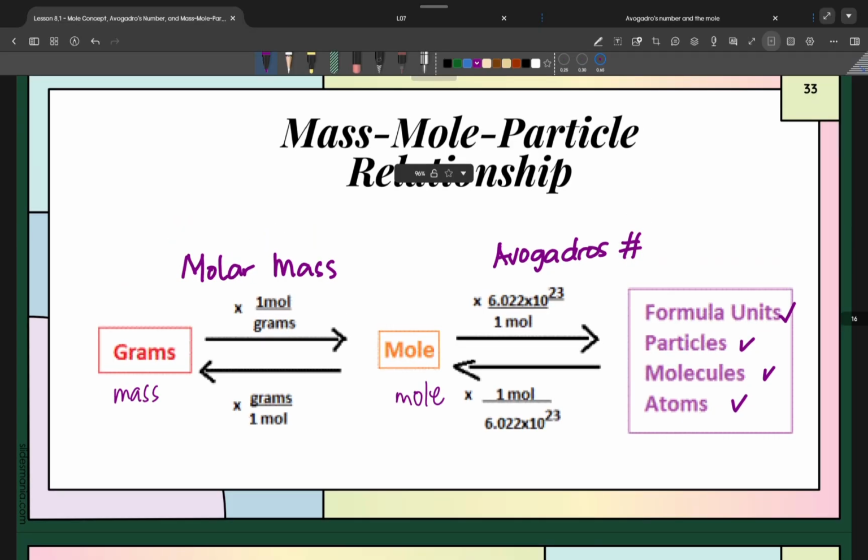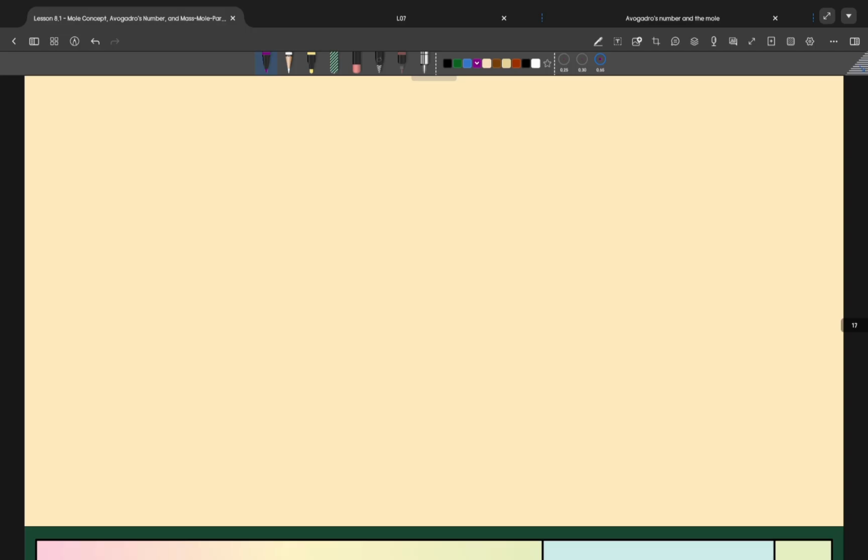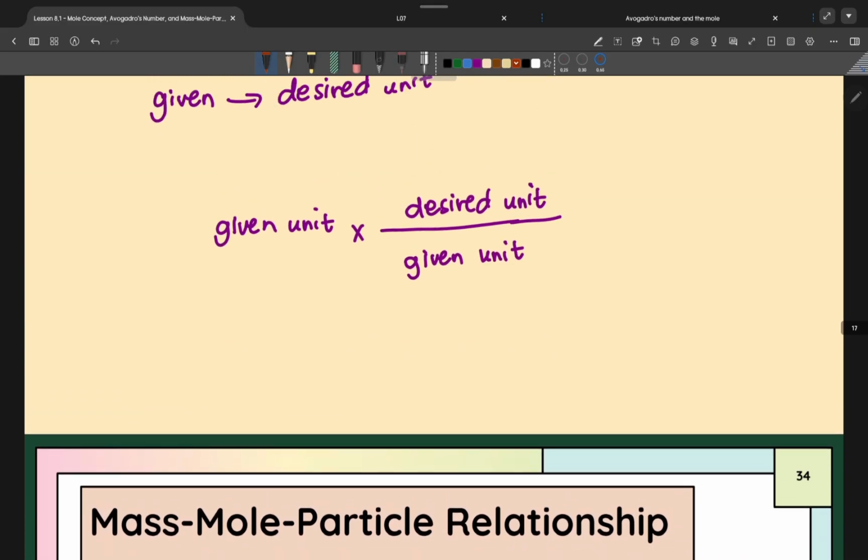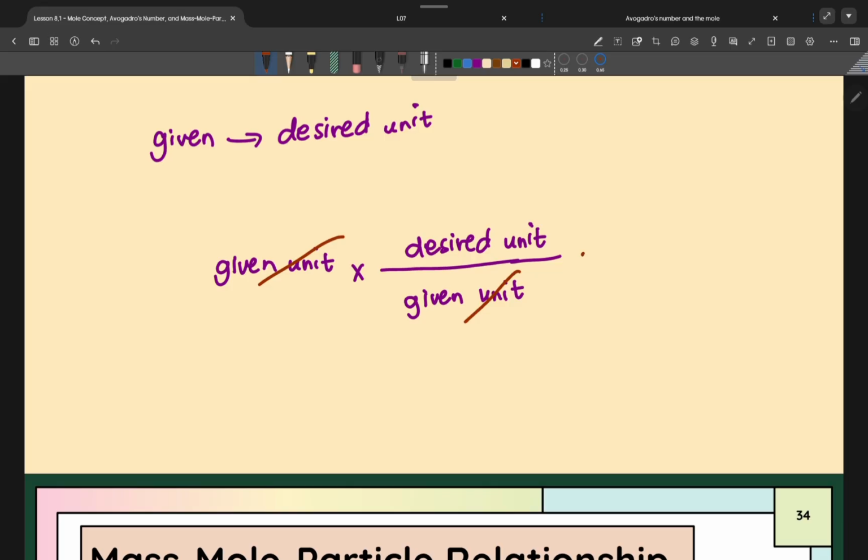In converting, you write the given unit multiplied by the desired unit over the given unit, so that the units cancel and you arrive at the desired unit.